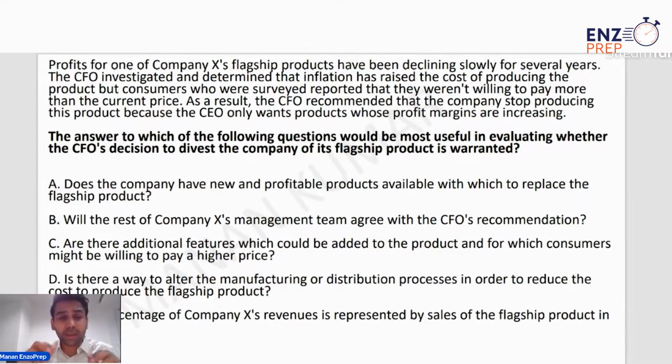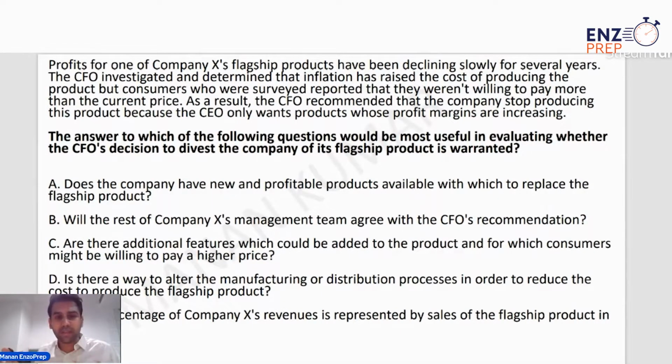And you have to be very clear as to what is the criteria. Here, we are only supposed to be concerned about the profit margins of the products. We are not really concerned about the overall company over here, right? So we are only concerned about the profit margins of the flagship product, which the CFO is basically suggesting that the company should divest.